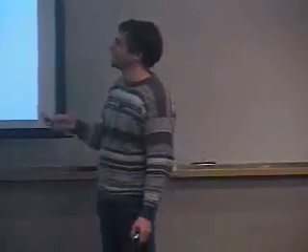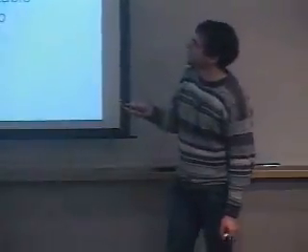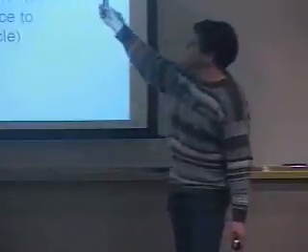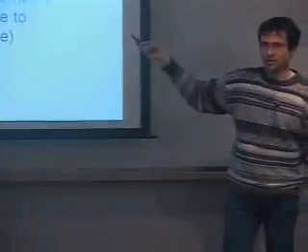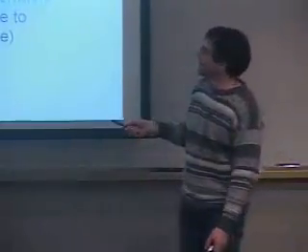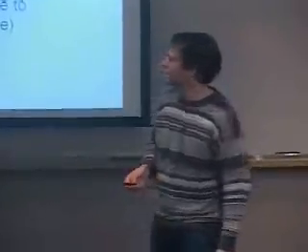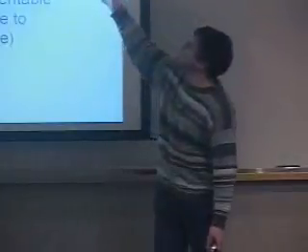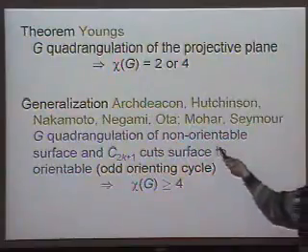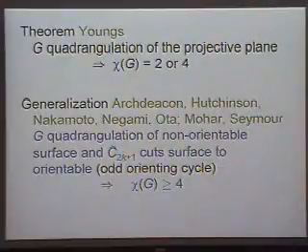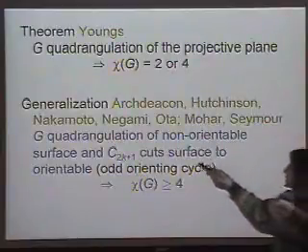So the generalization by two sets of people, Archdeacon, Hutchinson, Nakamoto, Negami, Ota, this is one paper, and Mohar and Seymour is another paper, independently, at the same time. And the generalization they proved is basically the same thing, but instead of the projective plane, the same thing happens for all non-orientable surfaces, except that there is some parity constraint here.